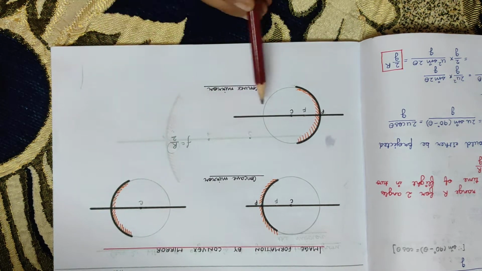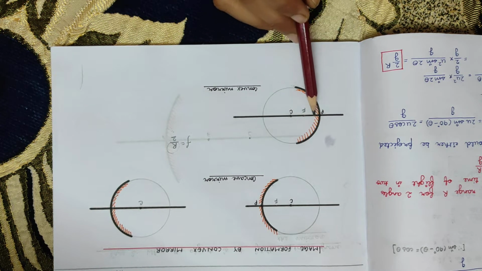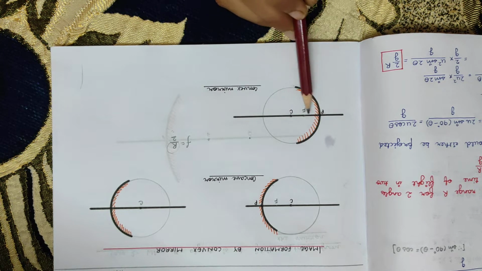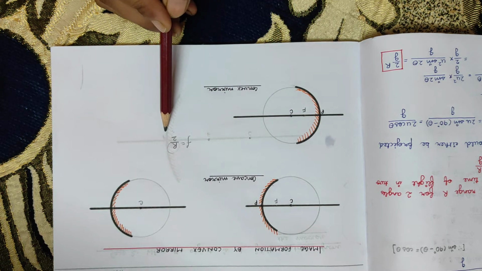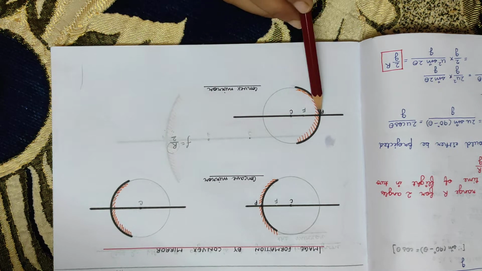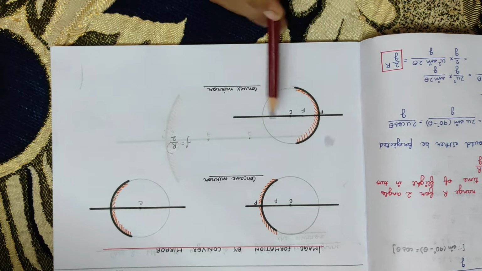What is R here? R is the radius of this sphere. This distance is the radius. So focus is just half of the radius of curvature, so focus will be plotted just half of the center of curvature.